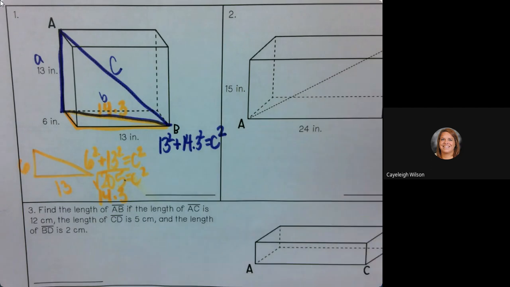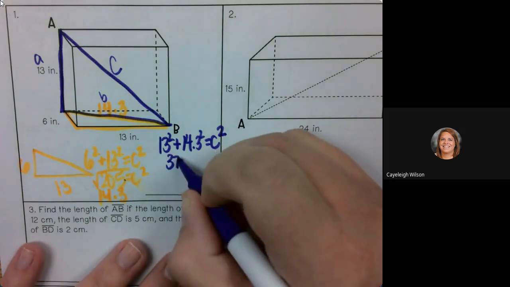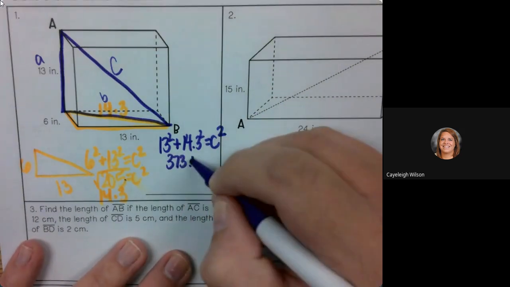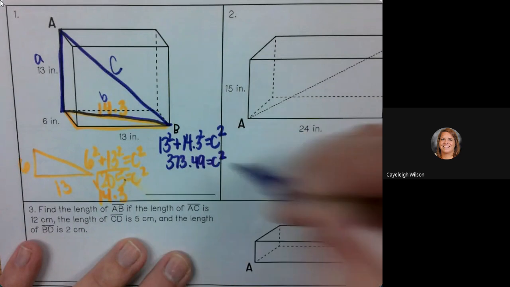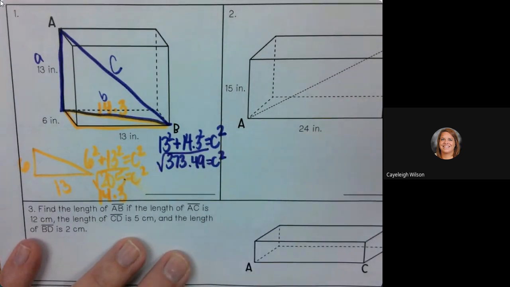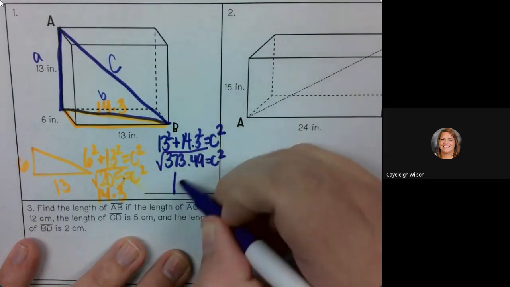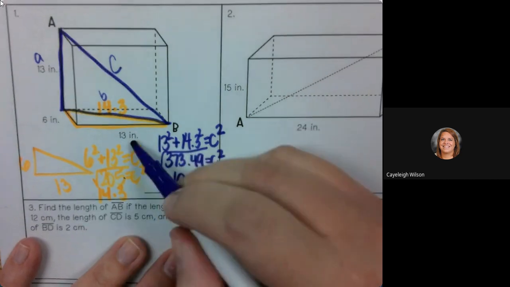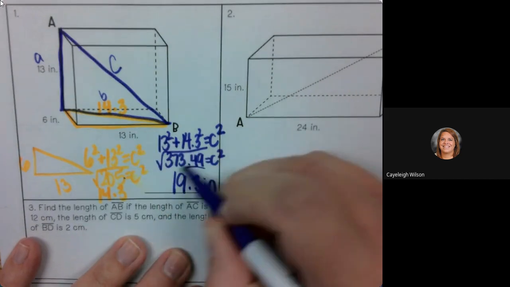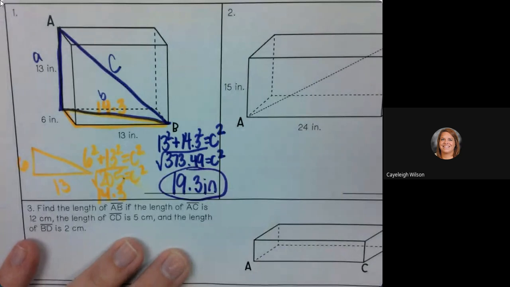Make sure I type mine in right. I get 373.49. Then I'll square root that, and I get about 19.3, and this says inches, so the distance between A and B is 19.3 inches.